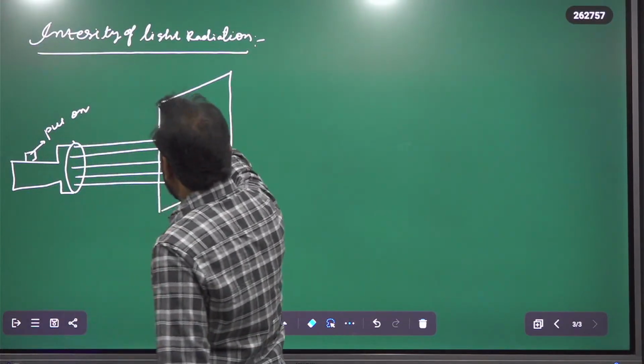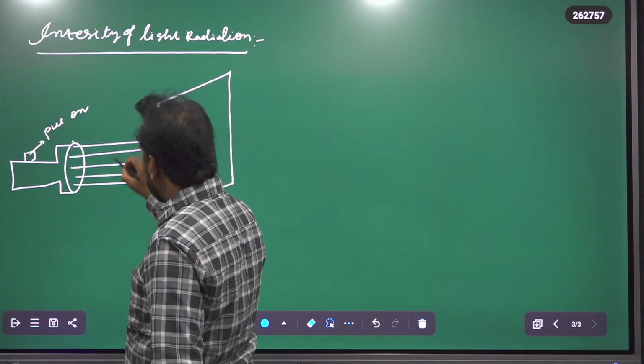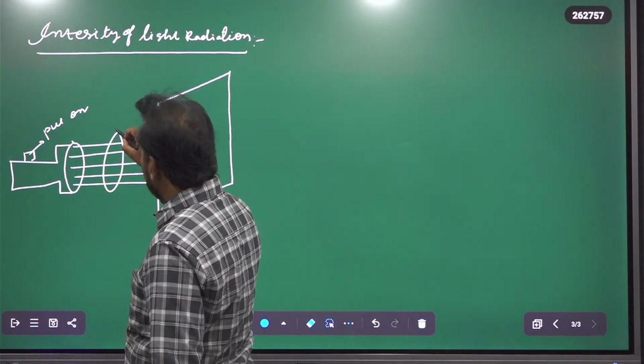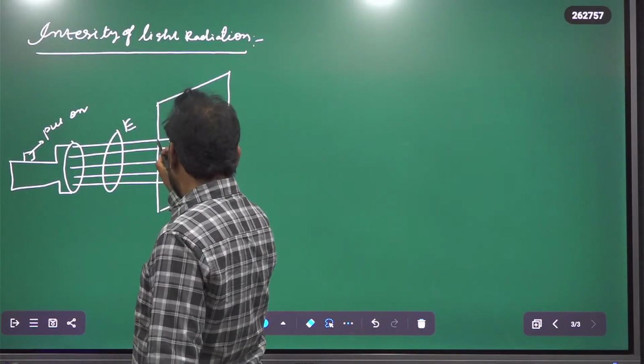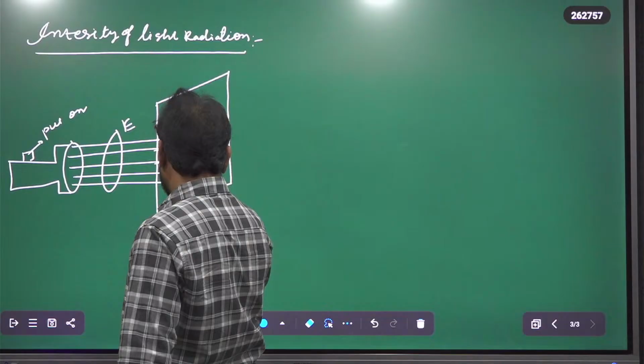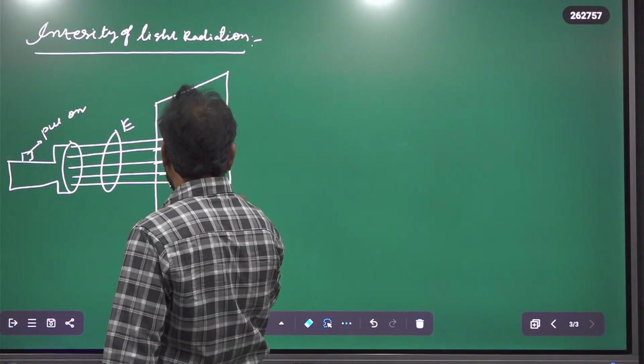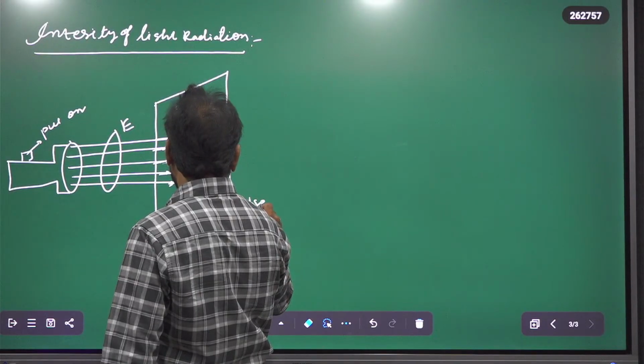Let's say this area is A. These light radiations have some amount of energy, and the energy is transmitted through the surface area A in time T, which is equal to 1 second.